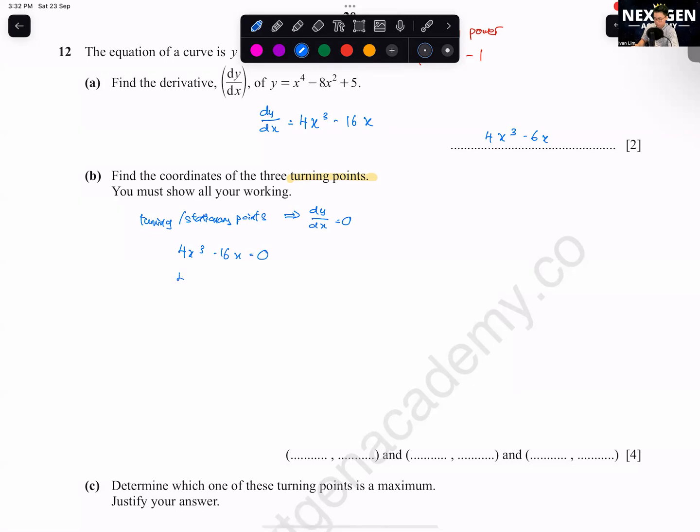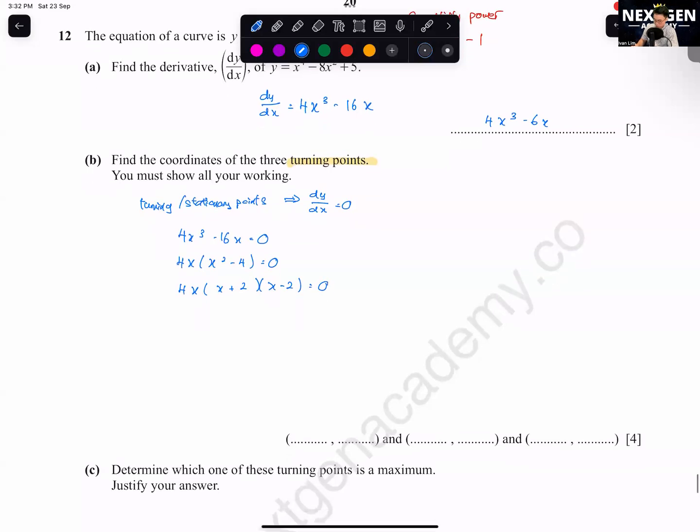I factorize this: 4x(x squared minus 4) equals 0, so 4x(x plus 2)(x minus 2) equals 0. Okay, so I got 3 points here. x equals 0, x equals -2, and x equals 2.